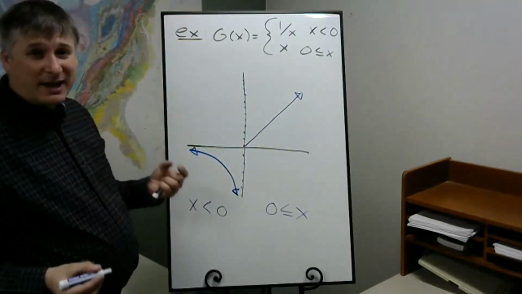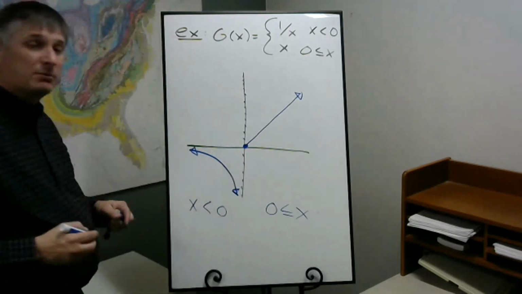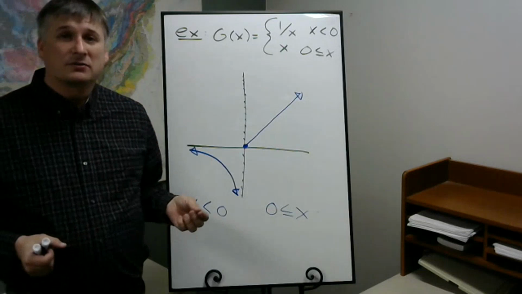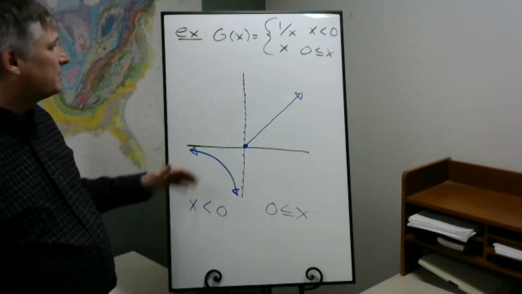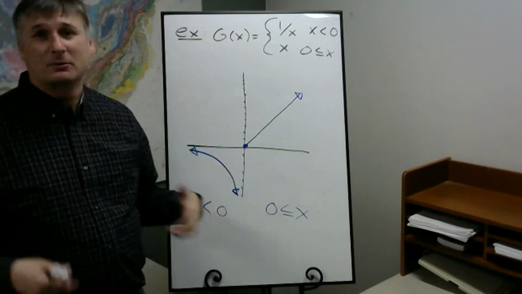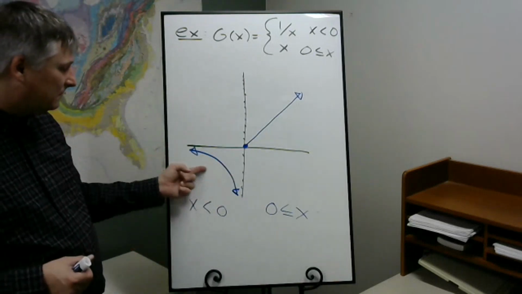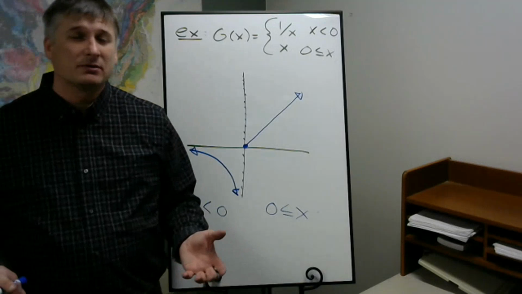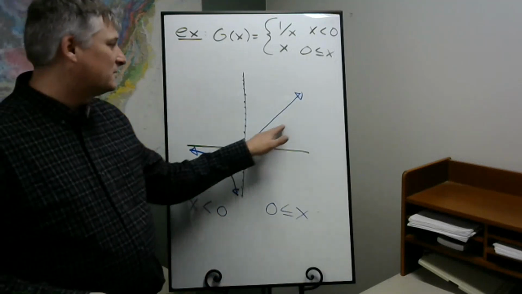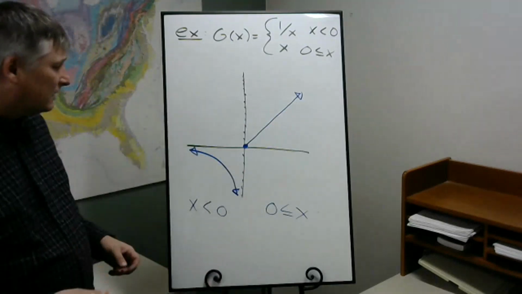And since x is allowed to equal 0, I want to make sure we put a dot there. And so this is our piecewise function. The relationship between g and x, or this is functioning as our y variable, y and x. It starts out like this, whenever the x is less than 0, and then the relationship enters a different phase, and then it continues on like this when x is greater than or equal to 0.